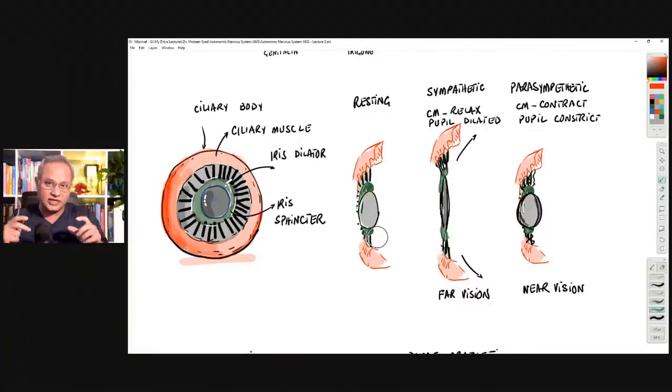We do not want the lens to become globular so that we see near. So, how do we make the lens flattened? We have to stretch this structure upwards or outwards. These are complex phenomena. There are multiple theories. We still do not understand exactly how this works, but there are many theories, and some are more accepted than others. So I'm just going to take a generic theory here.